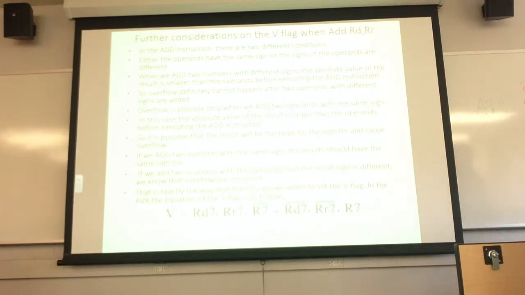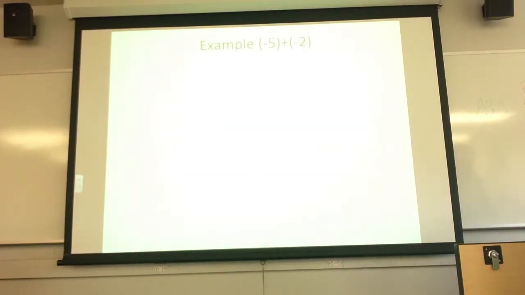Now what I'd like to do is give an example of -5 and -2. -5 is represented with this binary number, which is FB hex. -2 is FE. We know we're going to get -7, which would be represented as F9. When you add these together, here's my -2 in binary, the -5 in binary.